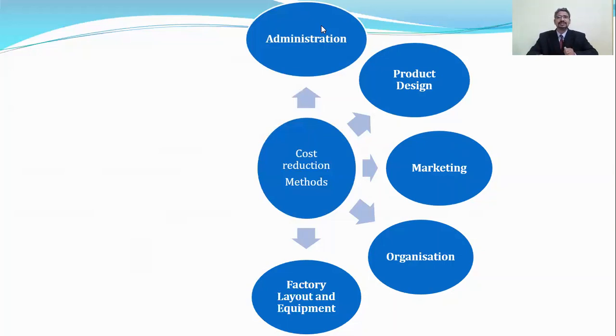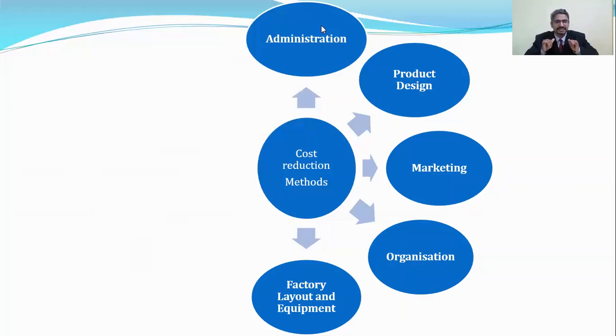A cost reduction program should examine the industrial layout and the use of current equipment to see whether there is any room for cost reduction through the removal of manpower and material waste. We should try to reduce the manpower as well as material wastage.